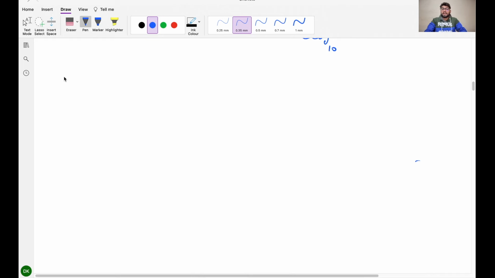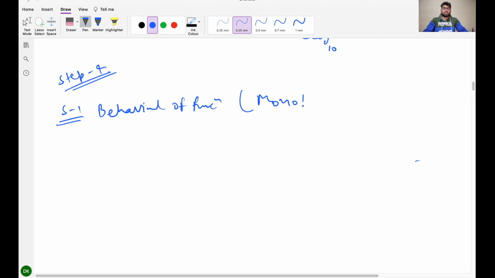For this there are 4 steps. In my step 1, I have to find out the behavior of the function: whether it is monotonic or not.